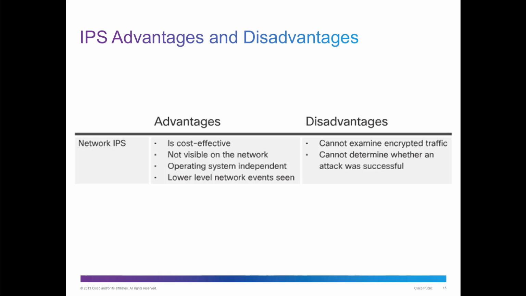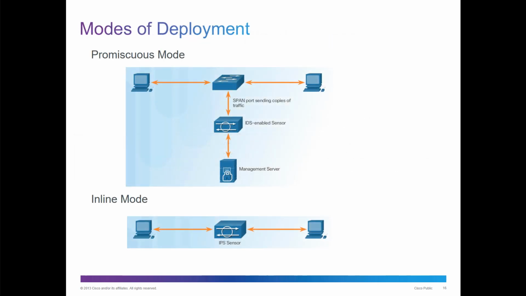And you really can't tell if an attack is successful because you're not monitoring hosts, you're monitoring the network as a whole. We have two types of deployments: promiscuous mode, that'd be that mirrored port, and an inline mode, which means traffic will flow through it.